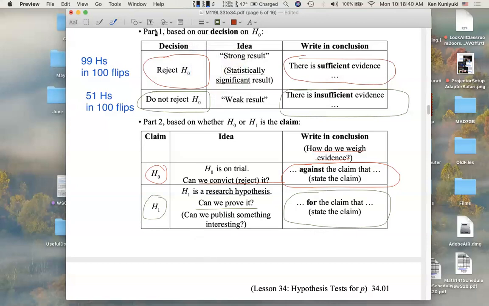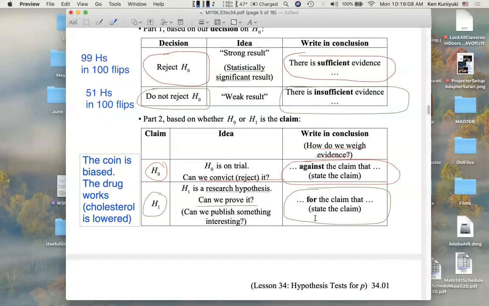So for example, the alternative claim may be the coin is biased, or perhaps more interestingly, the drug works in the sense that bad cholesterol is lowered, something like that, right? Can we prove that this drug works to lower cholesterol? Okay, we're going to weigh evidence for the claim that the drug works to reduce cholesterol, bad cholesterol.